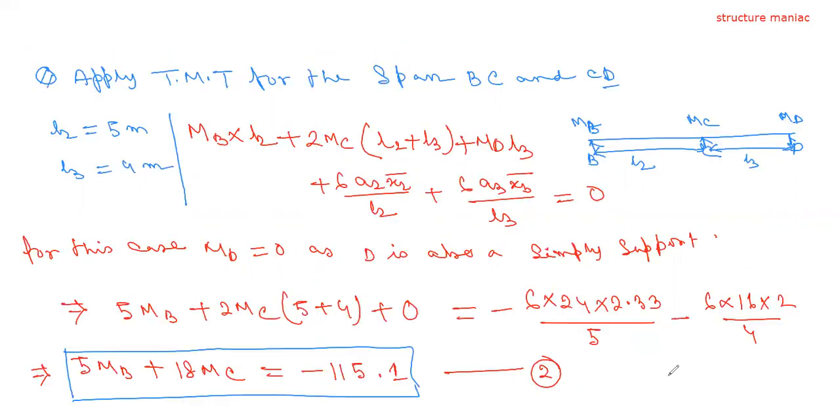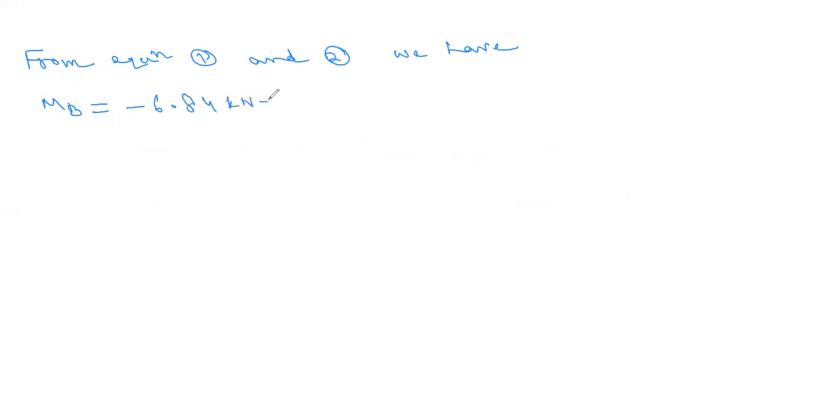So after calculating, from equations 1 and 2 we have the value of MB as minus 6.84 kilonewton meter. The value of MC we got is minus 4.49 kilonewton meter, and MA is 0, MD is 0.